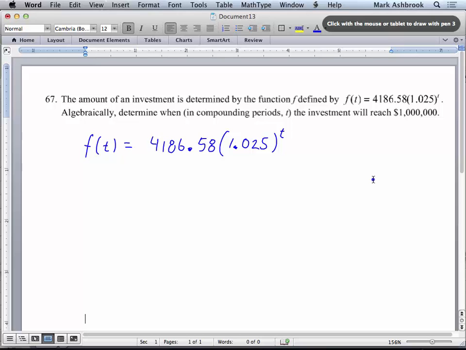Well, you have to substitute f of t, which is your output, for $1 million. All right, he's calling $1 million an output, therefore he wants to substitute it for f of t because it's an output.